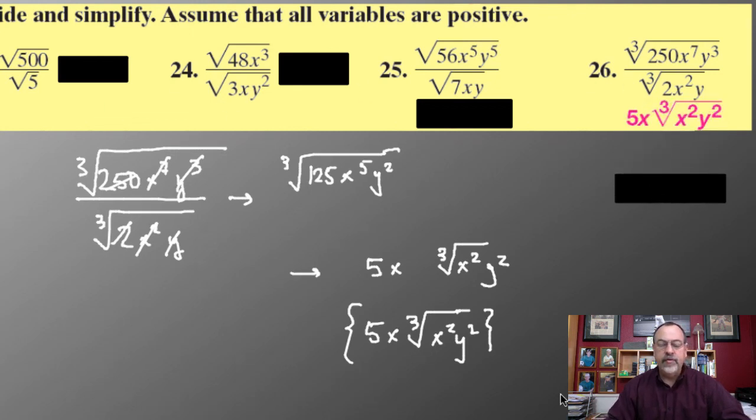So 5x cube root x squared y squared. Okay, so again, combine everything together. Make sure you always simplify your radicals if you can first. That's the dividing process, and then make sure you simplify your answer into its most simple form.